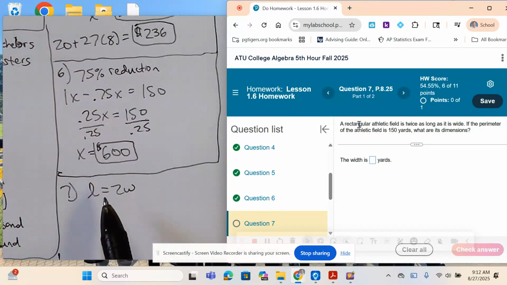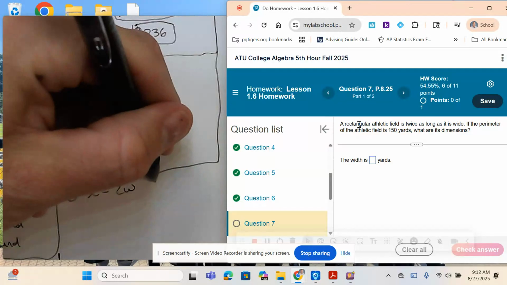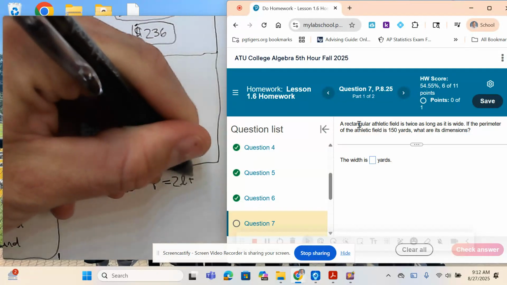That's very tricky. If it's twice as long as it is wide, that means there need to be 2 widths for every 1 length. That's stressful. The perimeter, remember the perimeter formula, 2L plus 2W.